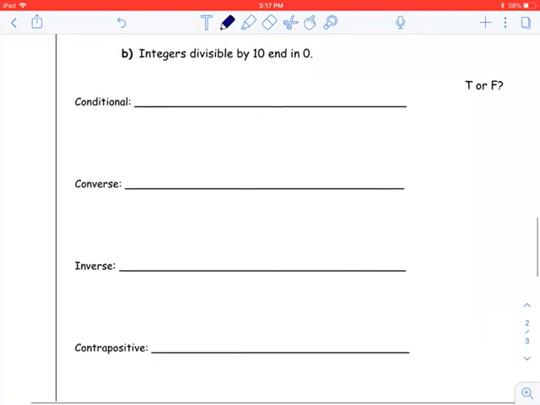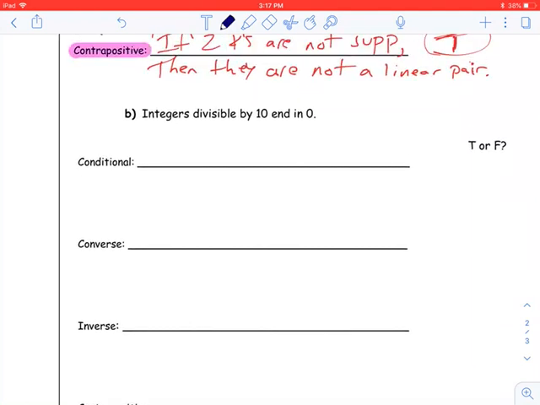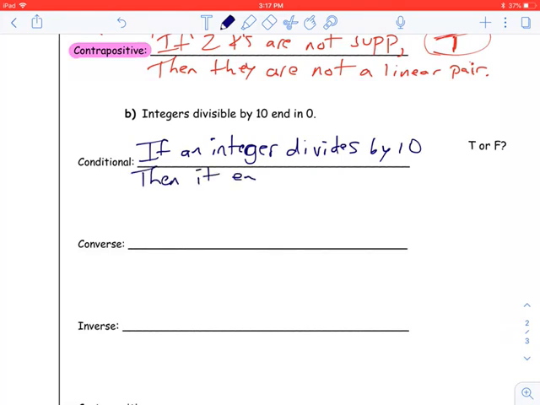Okay, so our last one here, let's look at an integer is divisible by 10. So if you think of things divisible by 10, that means you can divide it by 10 evenly. Okay? So if an integer divides by 10, then it ends in 0.